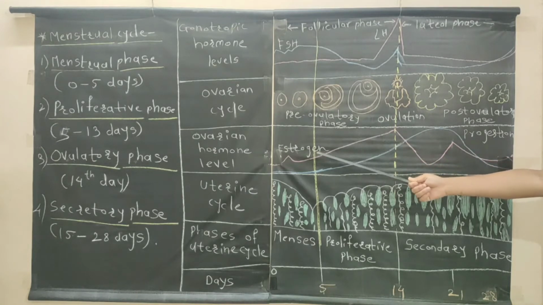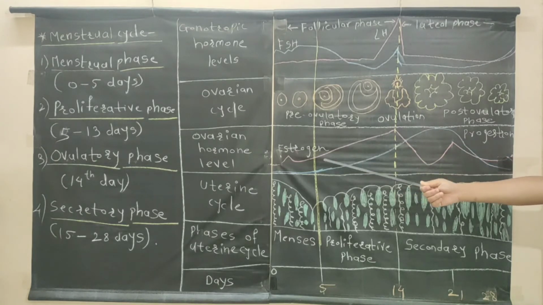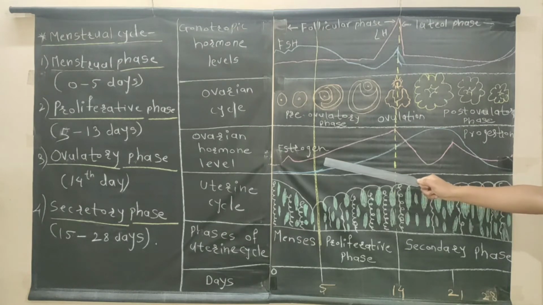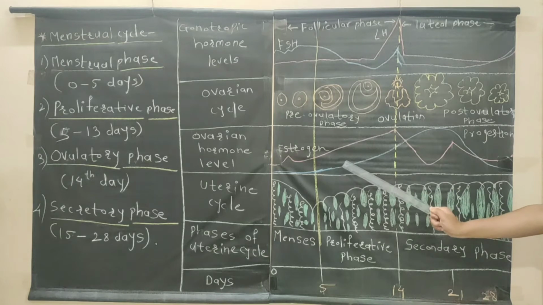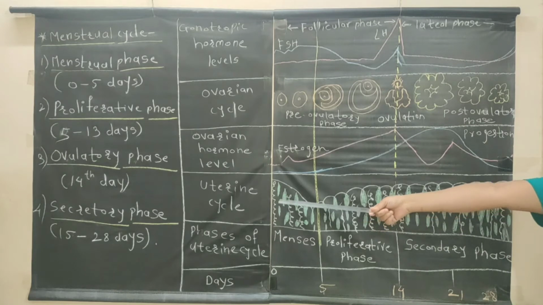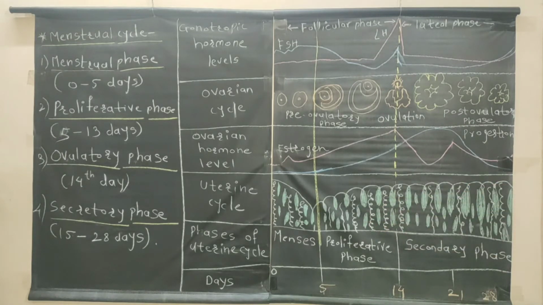Second is the ovarian hormone level. You can see here there are also 2 hormones in the ovarian hormone levels, estrogen and progesterone. So estrogen starts increasing along with progesterone. The uterine cycle mainly includes changes of the endometrium. In the previous lecture, in the female reproductive tract, the uterus is present, and in that uterus there are 3 walls, and the third wall is the endometrium.